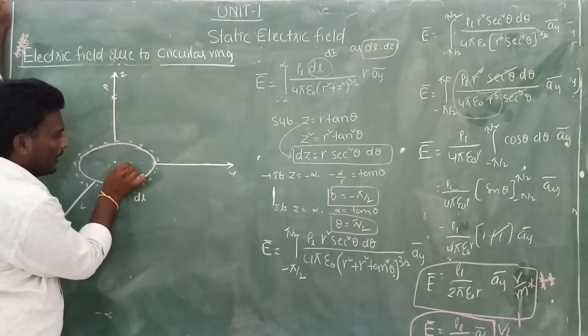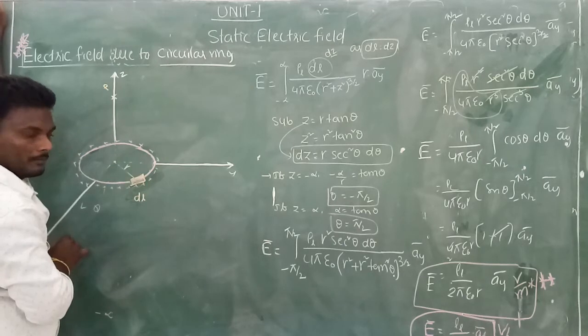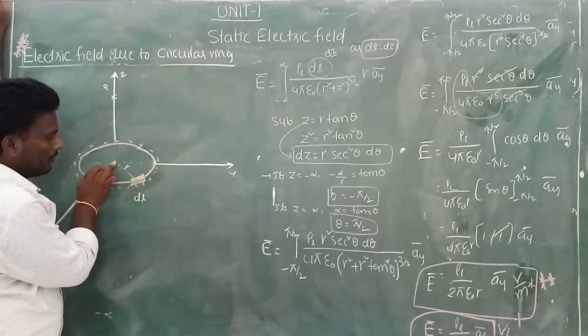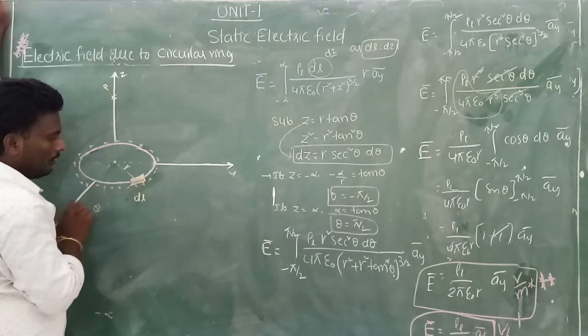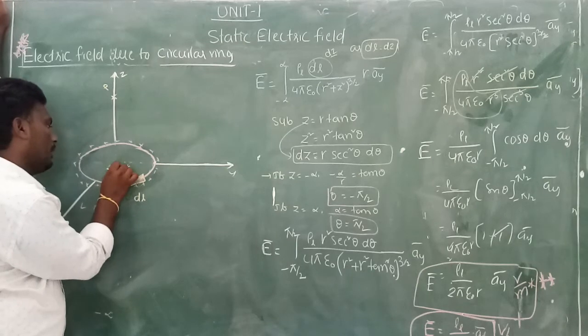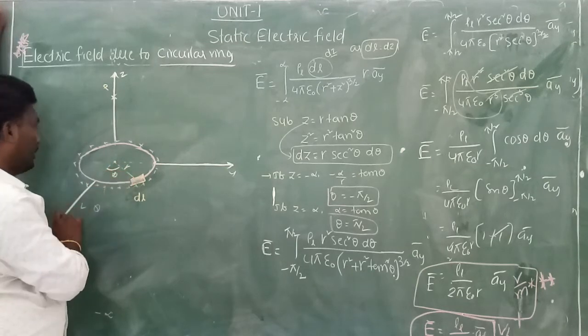And here I named it small r. Okay, don't confuse. The distance between the origin and the differential length is r, and it is making an angle phi with respect to the xz plane.